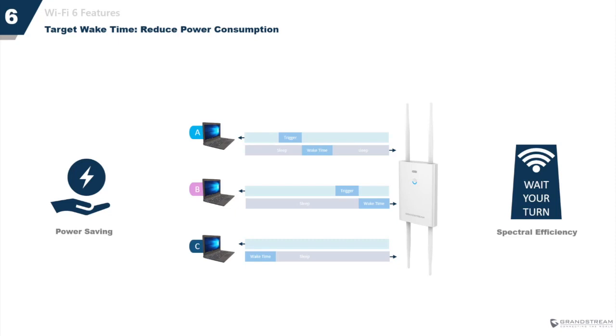In addition to conserving the battery life of wireless devices, target wake time enables the access point to determine the schedule of when the wireless devices can access the wireless medium. And this helps reduce the contention over the medium and improve the spectral efficiency.